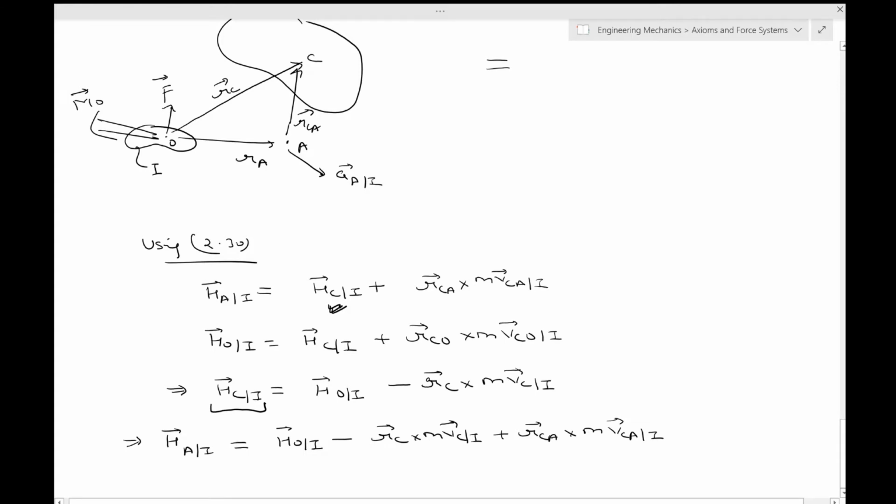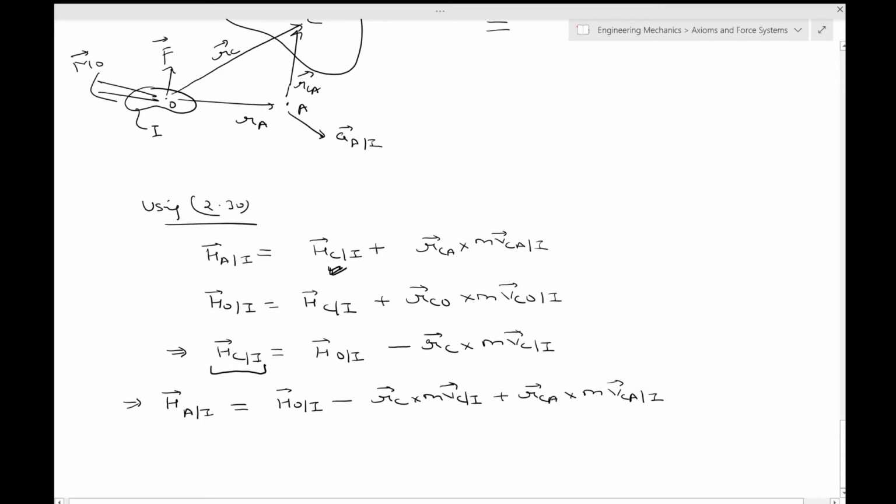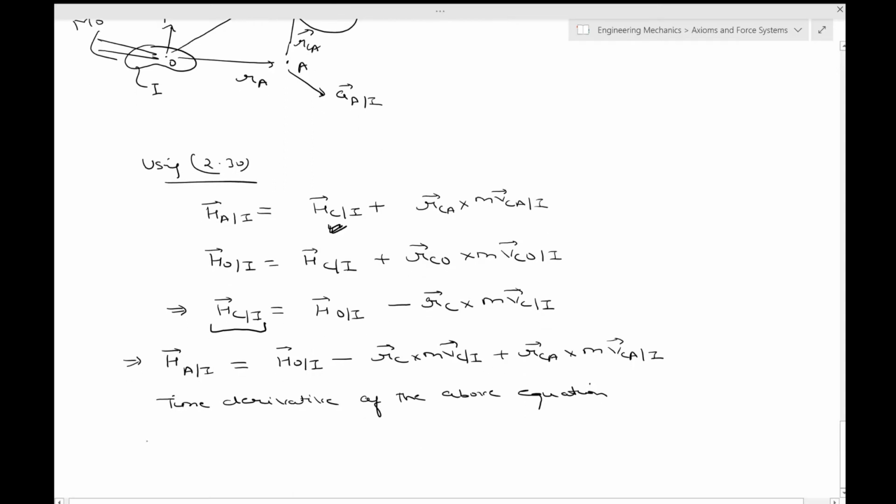This is good progress. Now we will take a time derivative of the above equation. H dot is equal to HO dot.